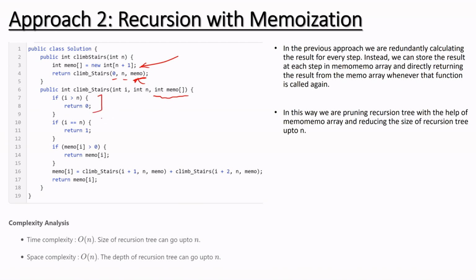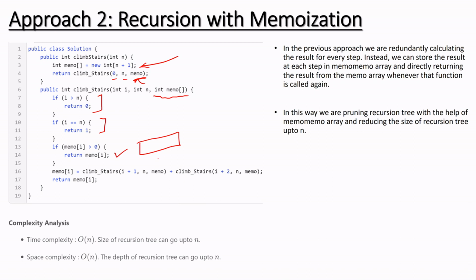Base case 1, base case 2, and then we check if memo of i is greater than 0, then we return memo of i. If memo at i is memoized, meaning we have already calculated it and it is greater than 0, we do not need to calculate it again, we have already stored it.